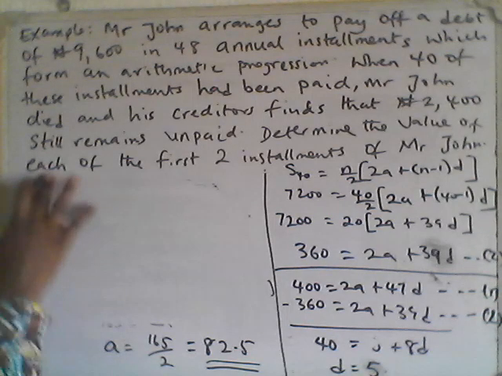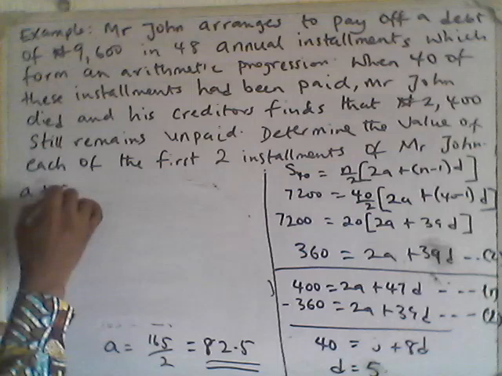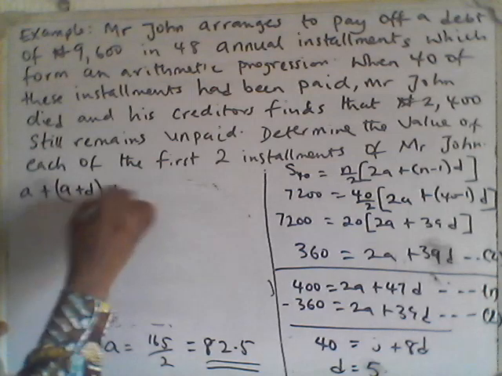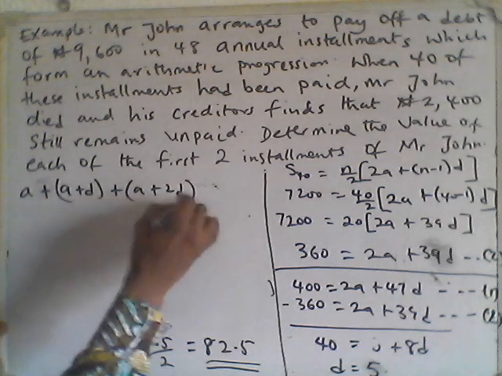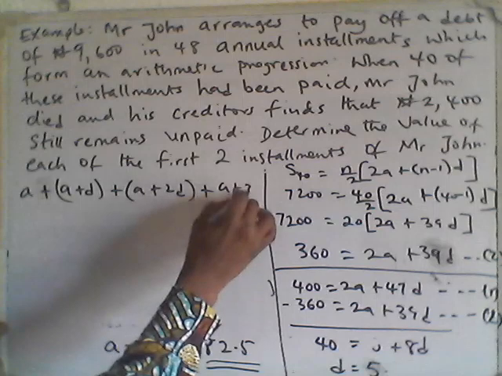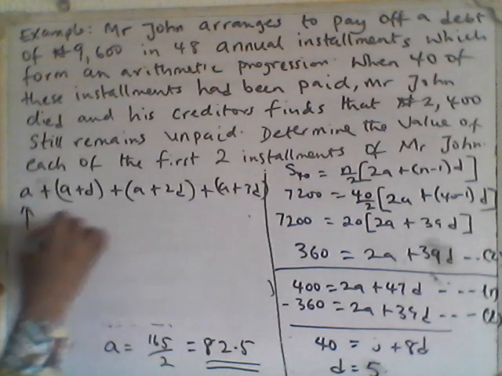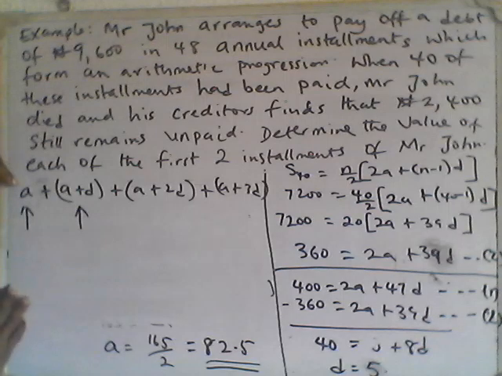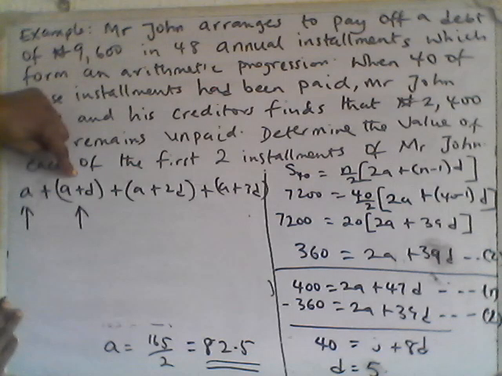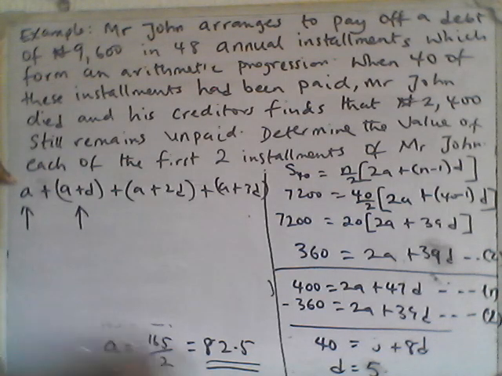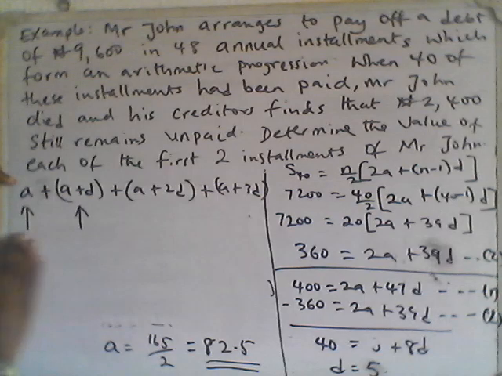So the series is like this: A plus D plus A plus 2D plus A plus 3D, and so on. But my concern is first term and second term. First installment payment and second installment payment. First installment payment is 82 naira 50 kobo.